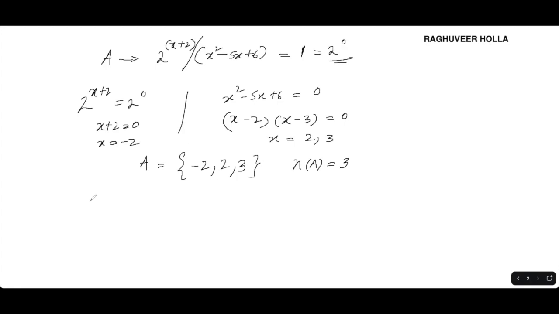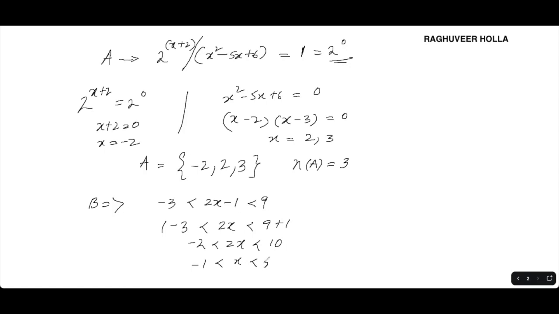Now let us look at set B, which is defined like this: minus 3 less than 2x minus 1 less than 9. So this will be minus 3 plus 1 less than 2x less than 9 plus 1 when you add. So this becomes minus 2 less than 2x less than 10, and when you divide it by 2, this is minus 1 less than x less than 5.